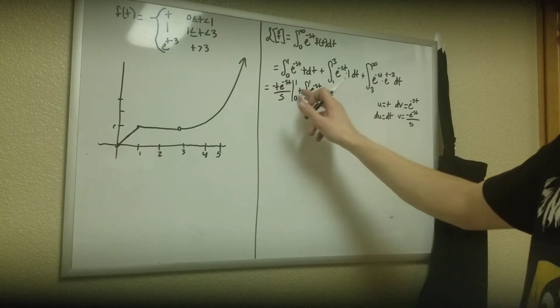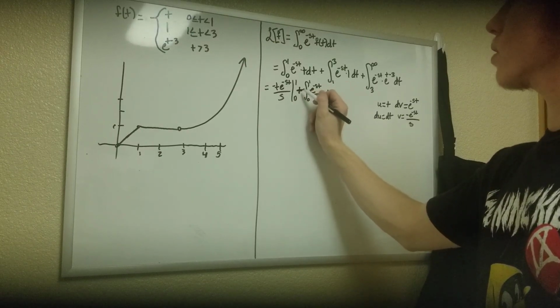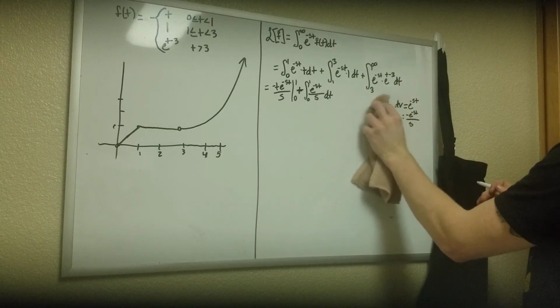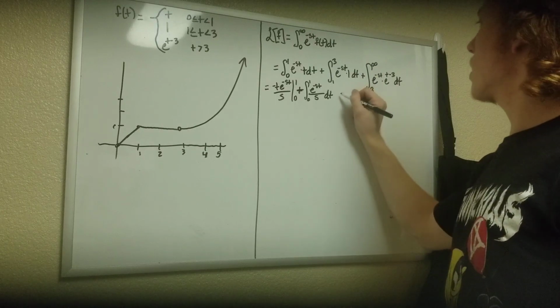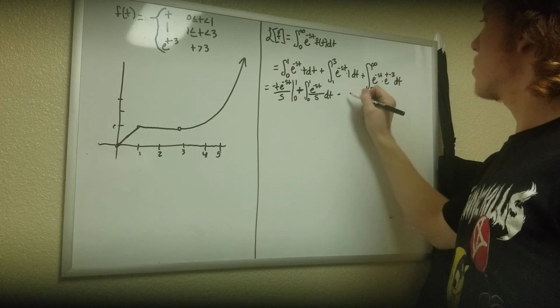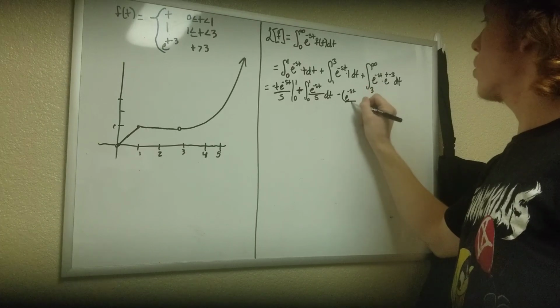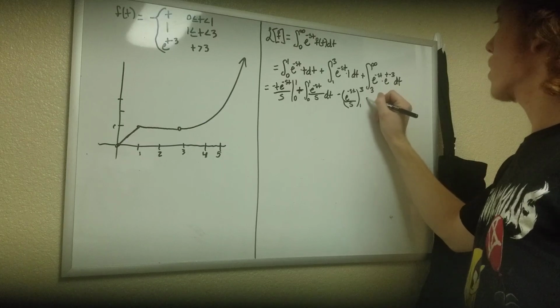Now I took the negative out of this exponential and placed it out here, so that would be plus. I'm going to erase this since it's not necessarily needed any longer. So then this integral comes down, we end up with minus e to the negative st over s, evaluated from 1 to 3.